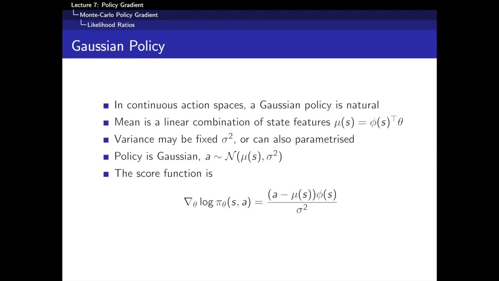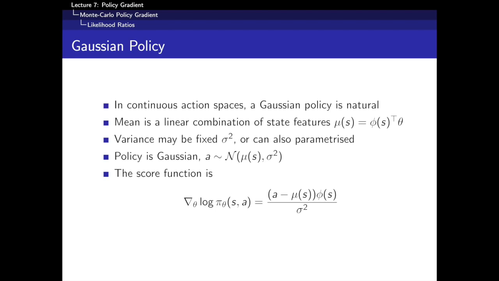That tells us how much more than usual we're doing a particular action, multiplied by the feature, and then we just scale that by the variance. So in both of these cases, the score function takes this form of how much more than usual am I doing something. And that's quite intuitive when we start to look at these policy gradient updates.